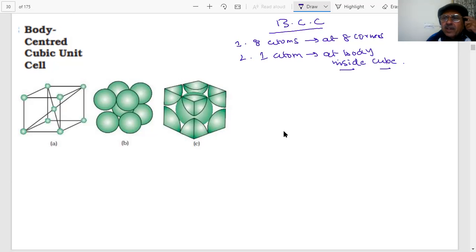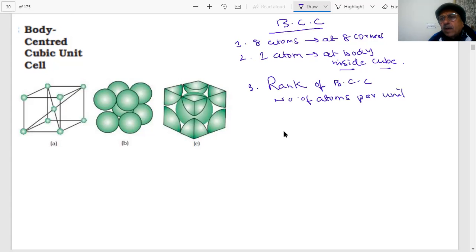Eight atoms at the eight corners and one atom at the body, which is inside the cube, students. So, students, eight atoms at eight corners, one atom at the body, and then we have to calculate the rank, or we have to calculate the number of atoms per unit BCC, students, per unit BCC.